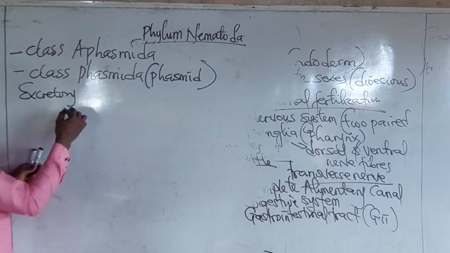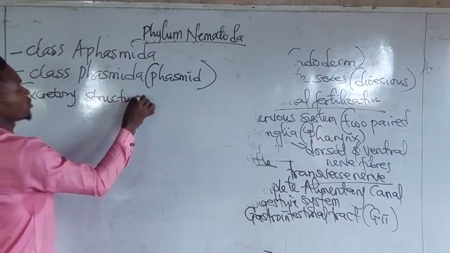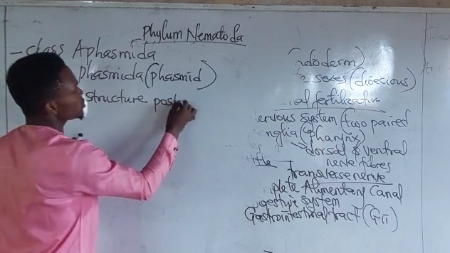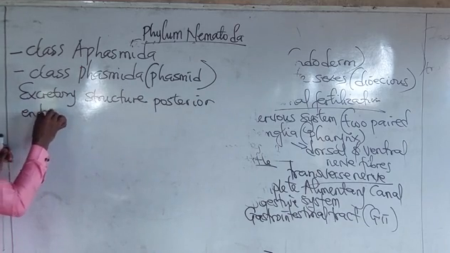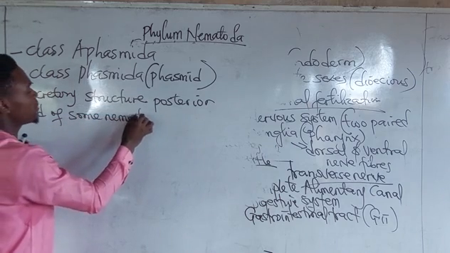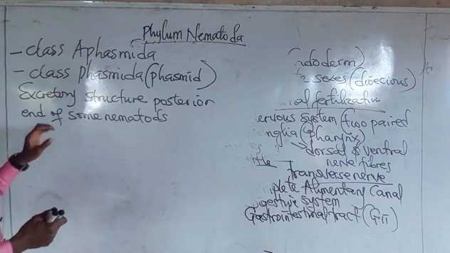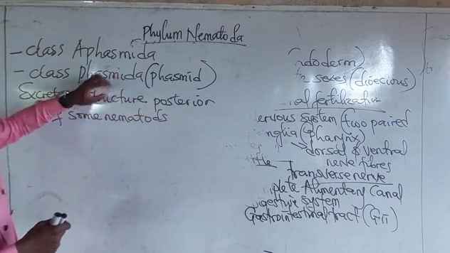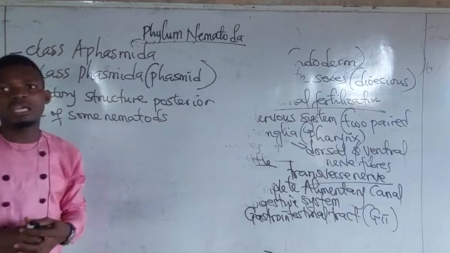You can say it is an excretory structure or a similar structure found in the posterior end or region of certain nematodes.